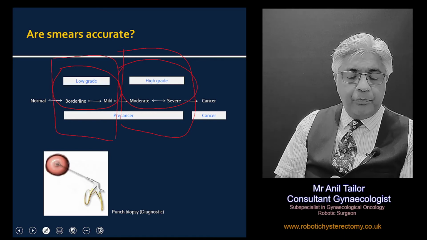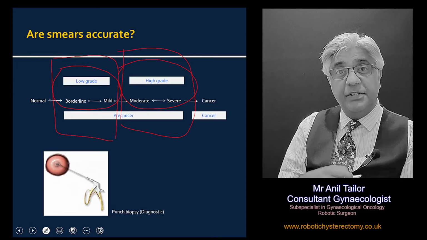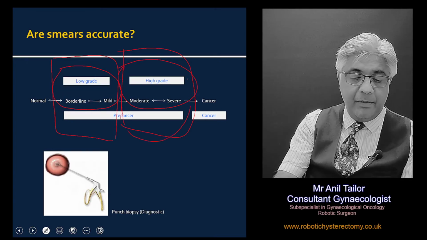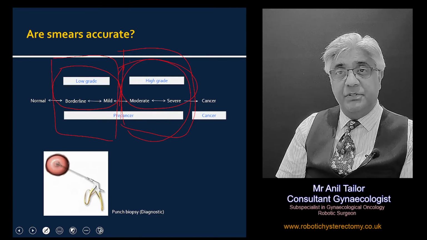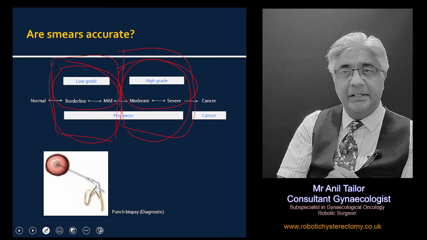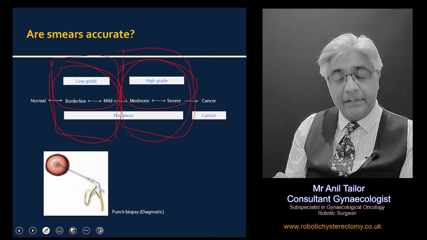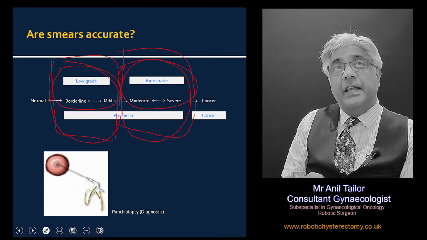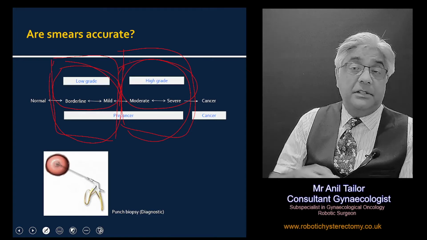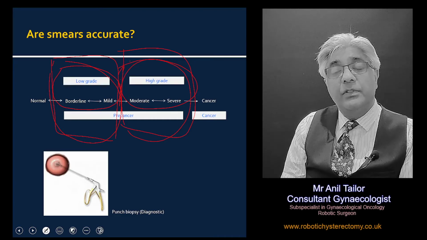So I suppose it can also work conversely, in that if you're referred with a high-grade abnormality, there is a 10% chance that actually you have a low-grade abnormality, and that the person who read the smear has just overcalled it. Now, if that is the case, then an argument could be put forward that, especially if you're young, we shouldn't be interfering with your cervix.